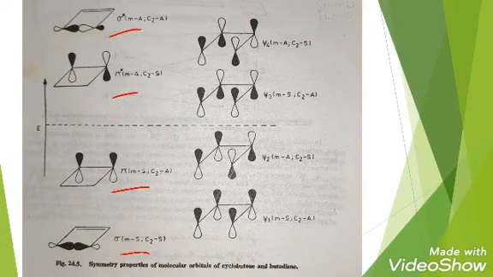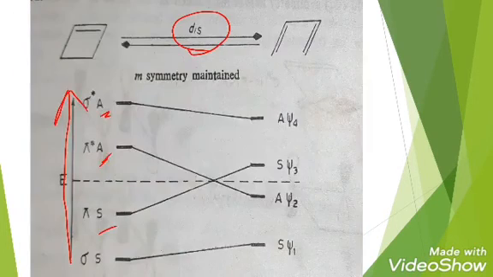Similarly, psi1 is symmetric, psi2 is antisymmetric, psi3 is symmetric, psi4 is antisymmetric with respect to the mirror plane. These are represented like this.